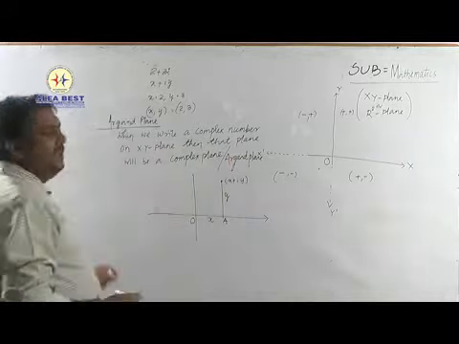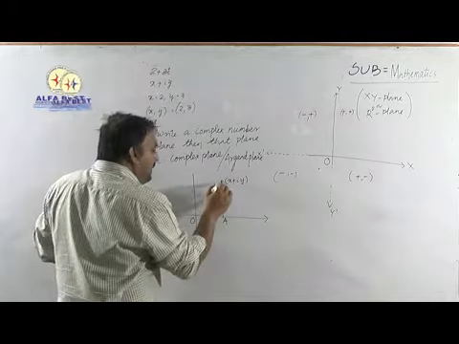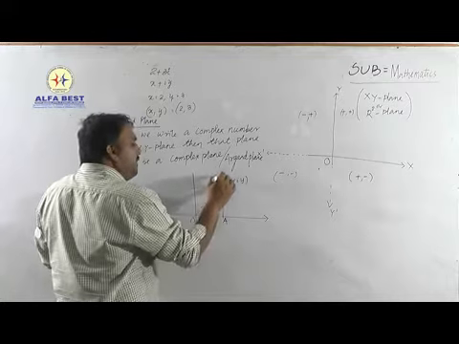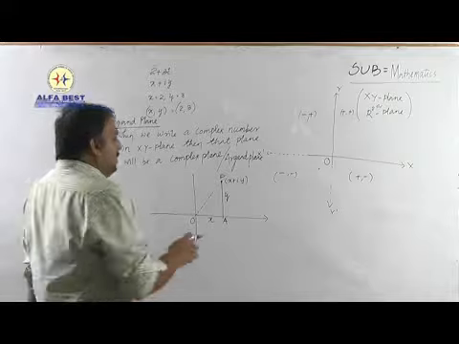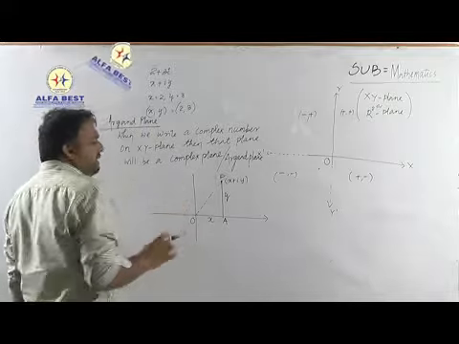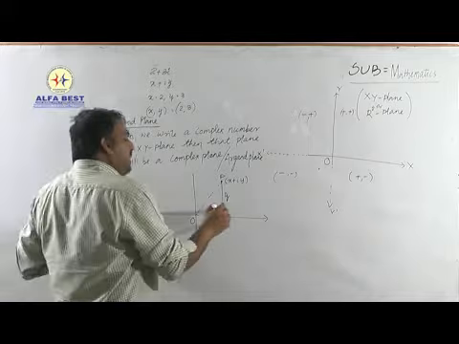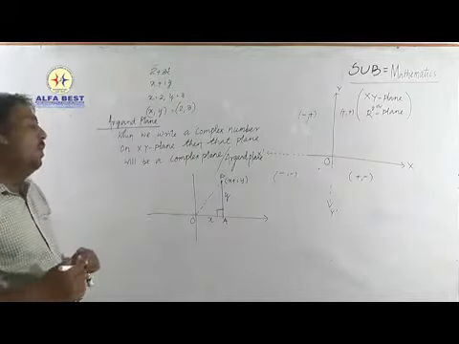Then this will be x plus iy. So now if I join this, suppose this is the point P. Now you see that OP is the hypotenuse of the right angle triangle OAP.